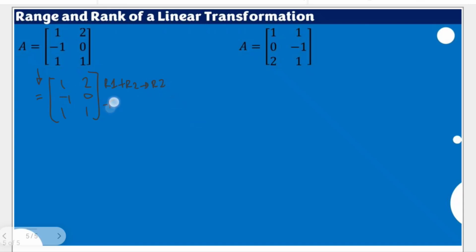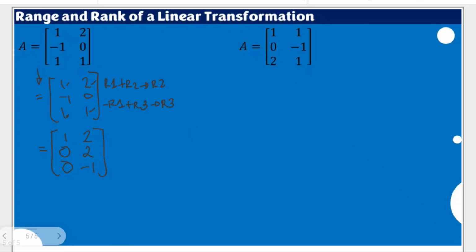And we multiply -1 to row 1 plus row 3 to make this entry in row 3 be 0. With that, this is 1, 2. You add row 1 and row 2, that's 0. This is 2. And then -1 times 1 is -1 plus 1, 0. -1 times 2 is -2 plus 1, -1 here.